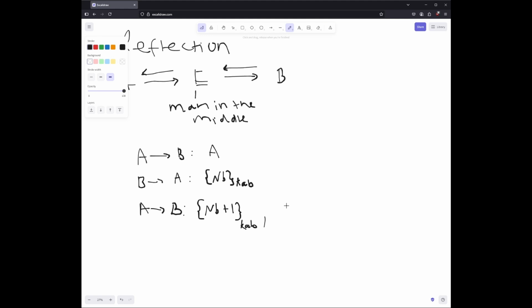When E is in the middle, E will be able to act as Bob.